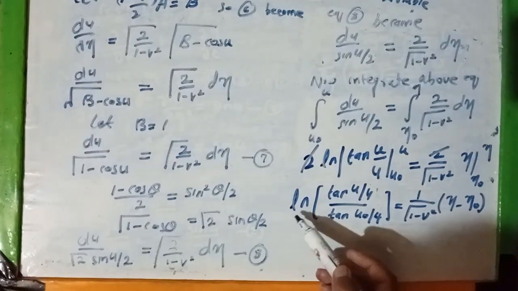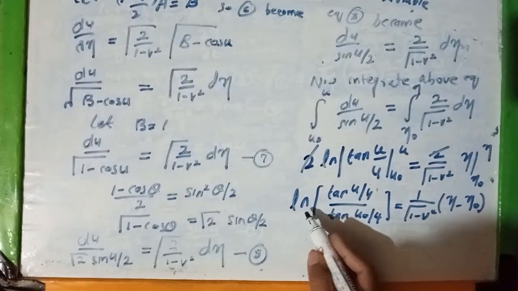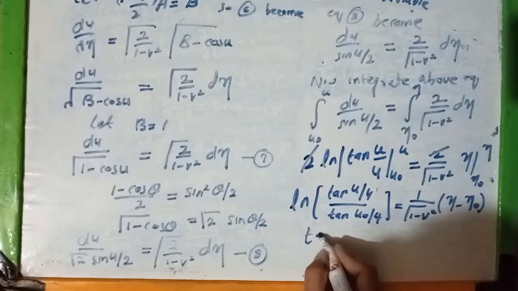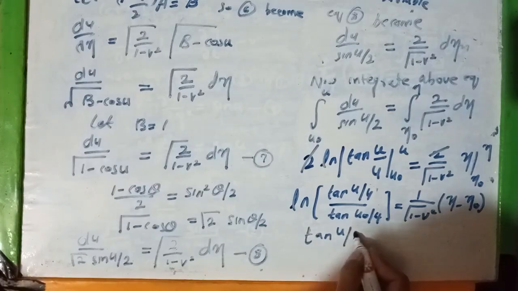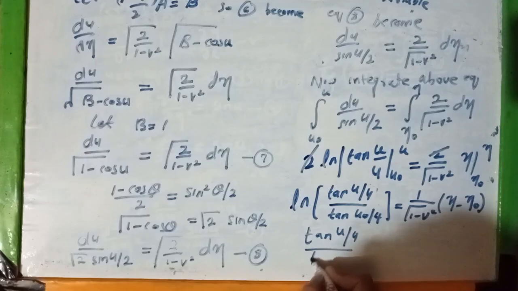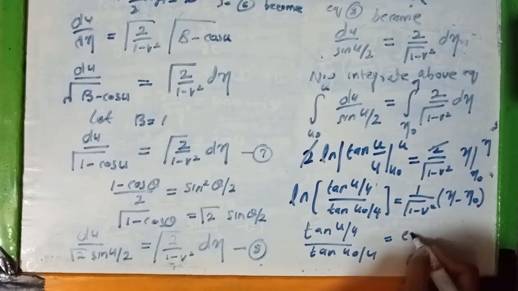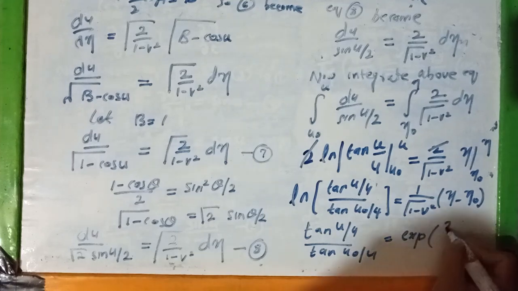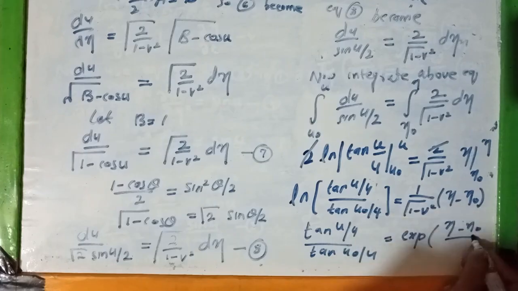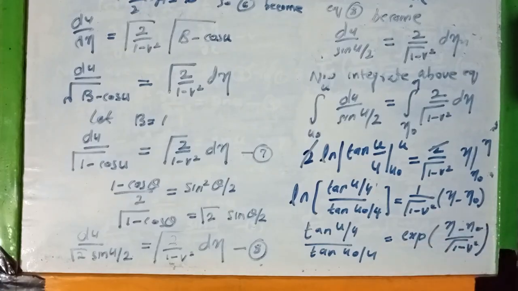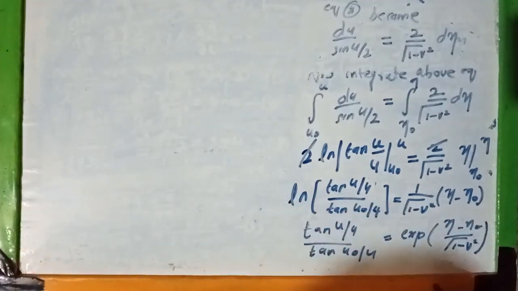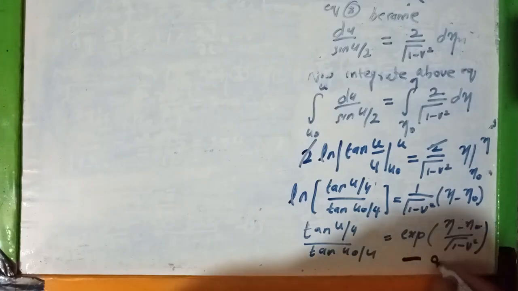If we take the antilog, this becomes tan(u/4) over tan(u₀/4) is equal to exp of (η − η₀) over the square root of (1 − v²). This is equation number 9.